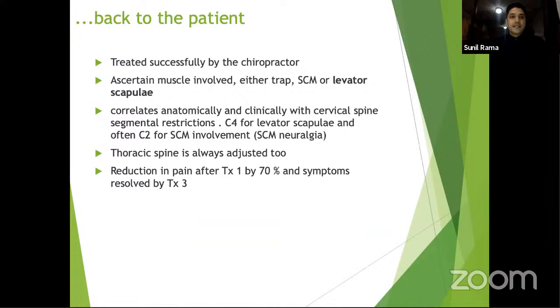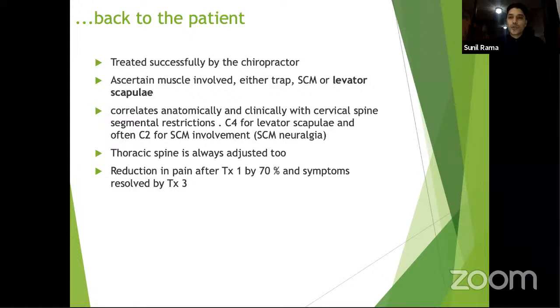These types of cases are treated successfully by the chiropractor. We have to ascertain which muscle is involved, either the trapezius muscle, the SCM, or the levator scap, like in this case. We have to correlate anatomically and clinically with the cervical spine, the segmental restrictions, as to what's happening from the joint, and correlate it with what's happening at the muscle. Now, we do know that C4 does have a nerve supply to the levator scap.